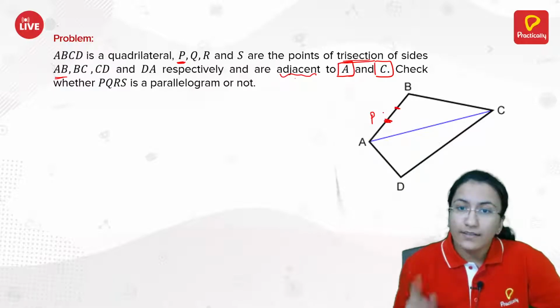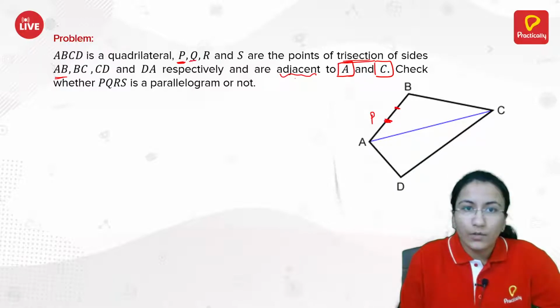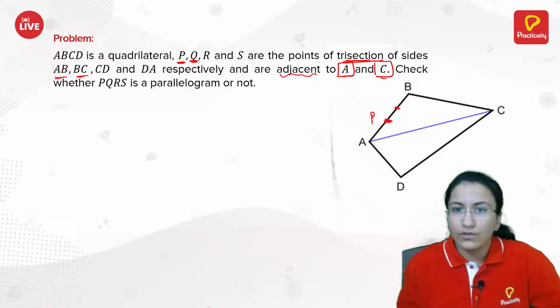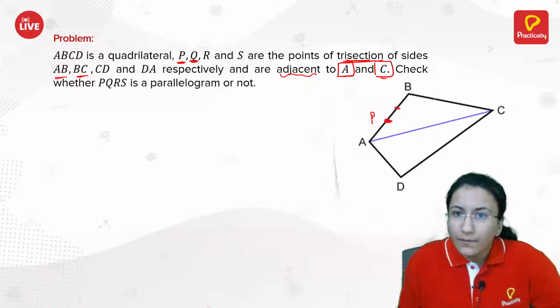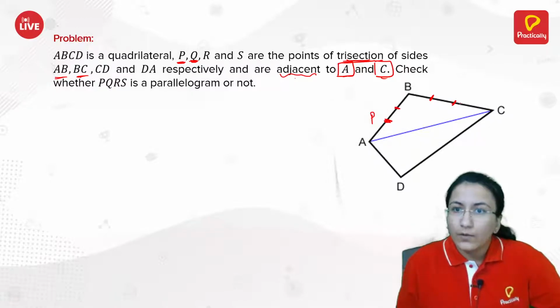In a similar way, when we need to plot the point Q, you need to plot it on the trisection point of BC, but it must be close to A or close to C. Here we have BC, so trisect it. Now it would be closer to C if we take this as Q, right?